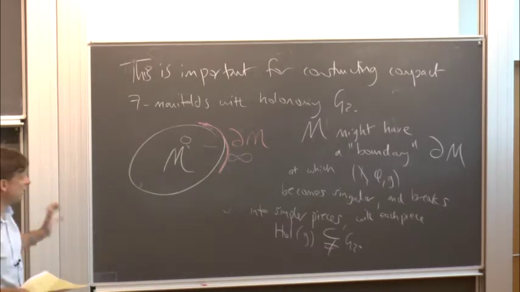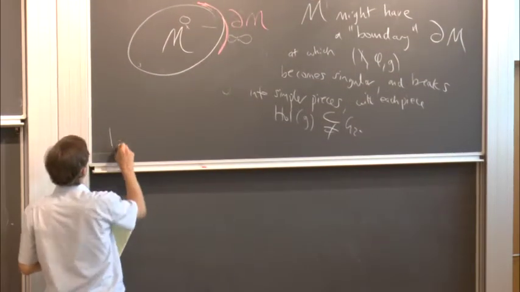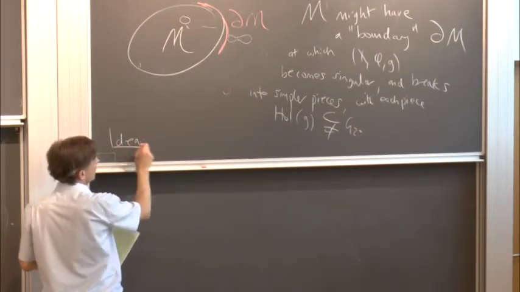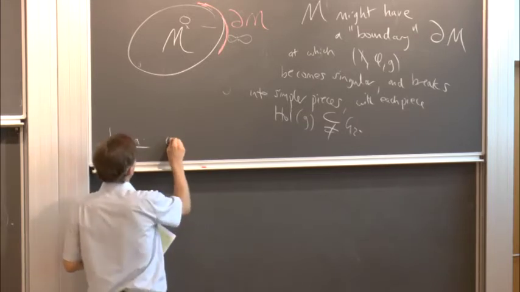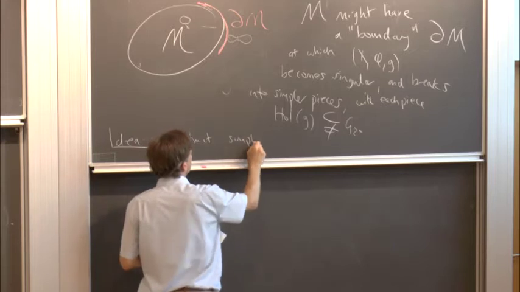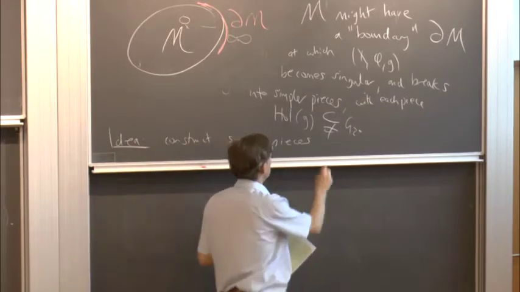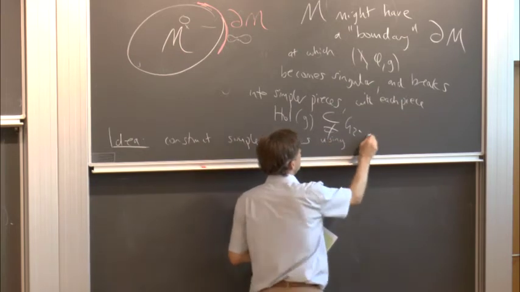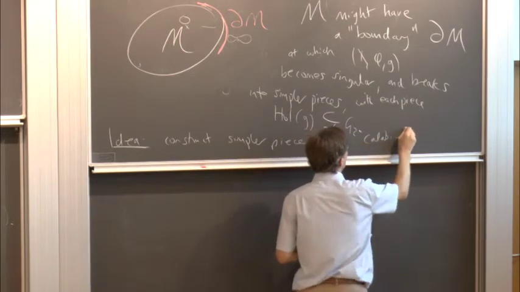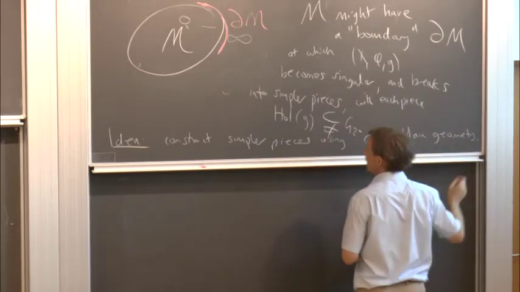So the idea is that you construct the simpler pieces using basically Calabi-Yau geometry, and you glue together.